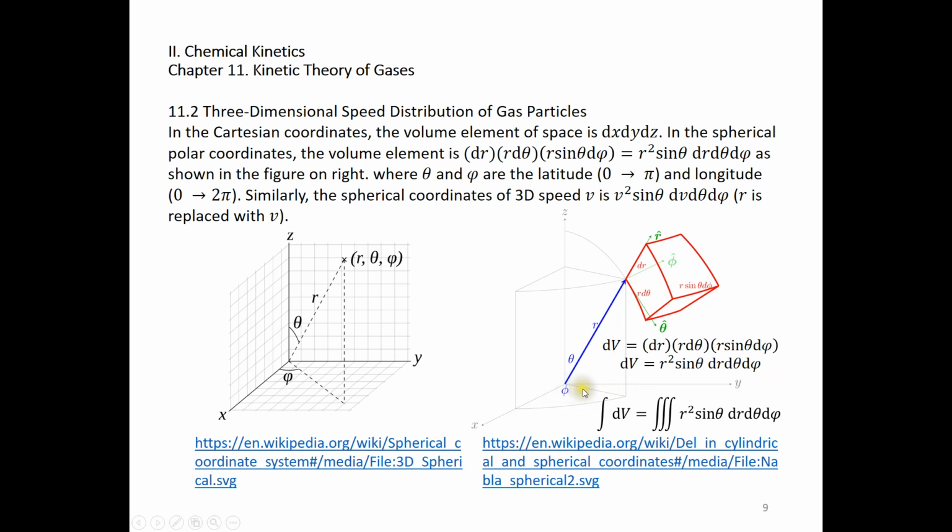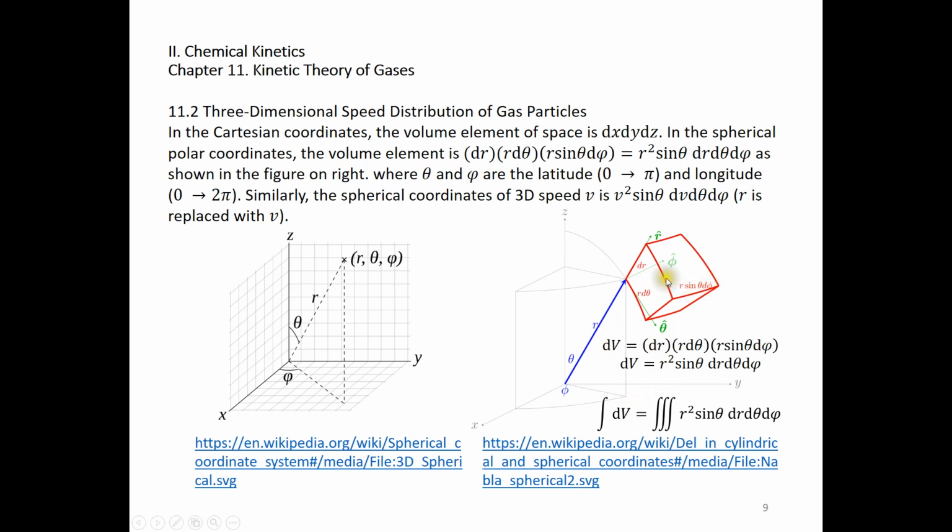We can extend this phi just a little bit to phi plus d phi, and then rotate a little bit more, which is d phi. d phi times this radius gives you this third side length. This radius is r times sine theta, multiplied by the angle d phi. We got the third one.